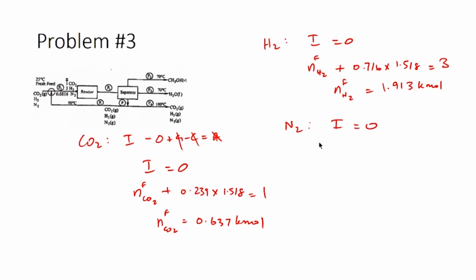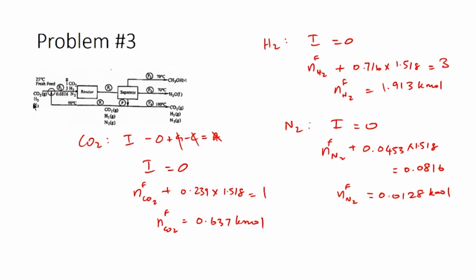So, you have nitrogen from the fresh feed plus 0.0453 times 1.518, which is the amount of nitrogen entering through the recycle stream. This would be equal to 0.0816. Solving this equation, we would get the number of moles of nitrogen entering from the fresh feed as 0.0128 kilomoles.